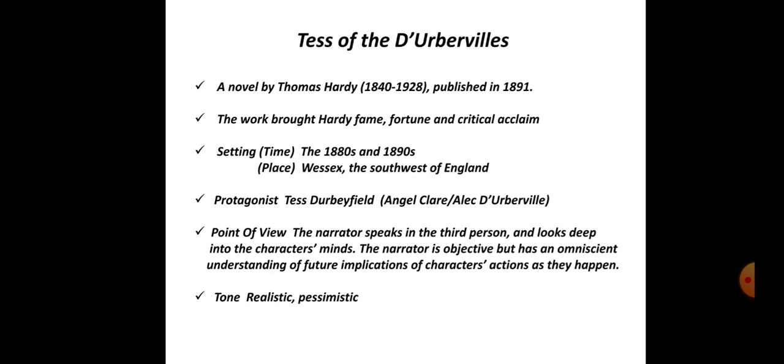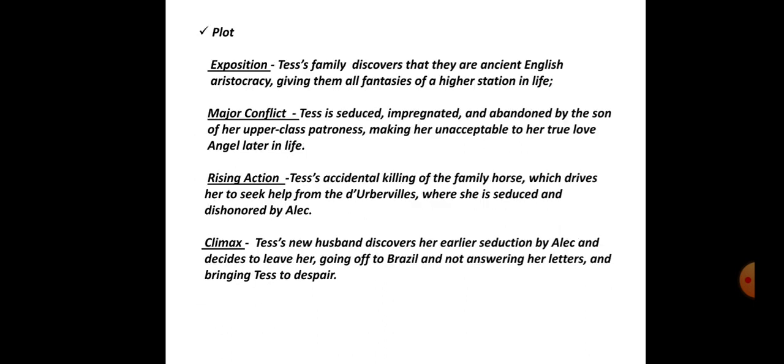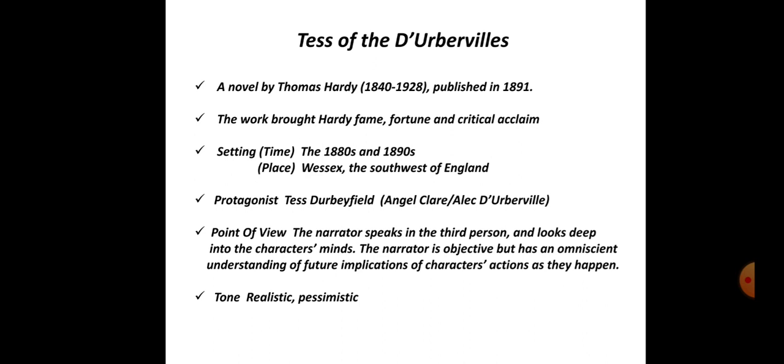Then if we talk about the point of view, in this novel, the narrator speaks in the third person. Third person means the use of he, she or it. And that narrator looks deep into the characters' minds.